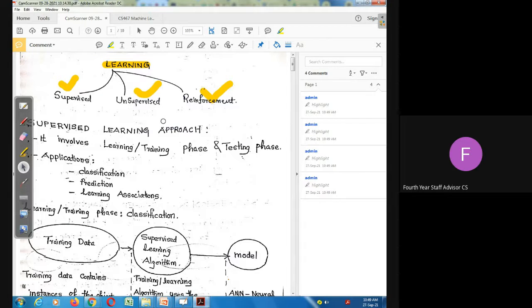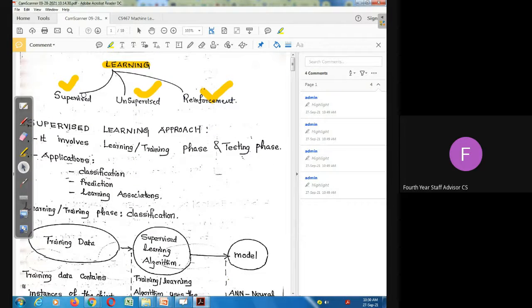So what is supervised learning? In the previous semester, while studying neural networks, you studied that type of learning, supervised learning. There will be two phases: the training phase and the testing phase. During the training phase, we will perform training.